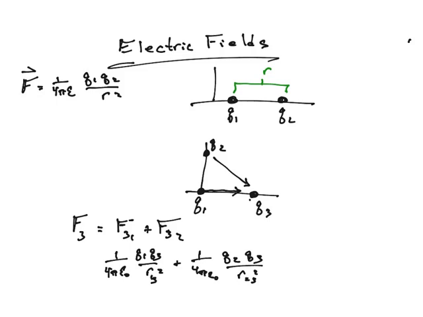Notice that even if there were 50 charges, all we would do is keep adding these things together, and each one always has this form. The force is this 1 over 4 pi epsilon naught times the Q that's applying the force to us over the distance to that charge. So I'll call this the force on x.